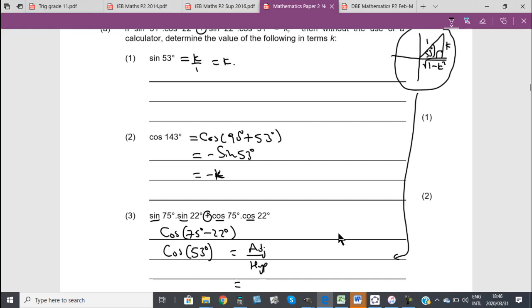So the adjacent side from that is the square root of 1 minus K squared over the hypotenuse, which is 1. So your final answer in the end is the square root of 1 minus K squared.